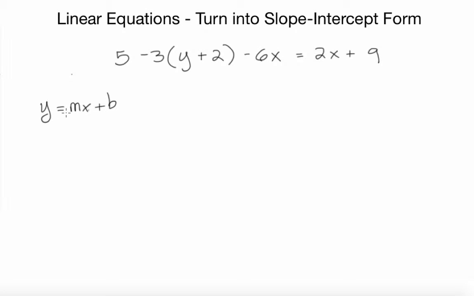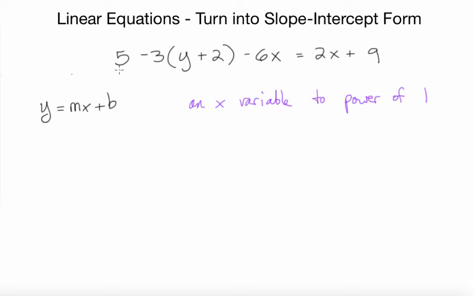But this is just one particular form of linear equations. A linear equation only has to have an x variable, or the independent variable, to the first power, to the power of 1. And that's it.